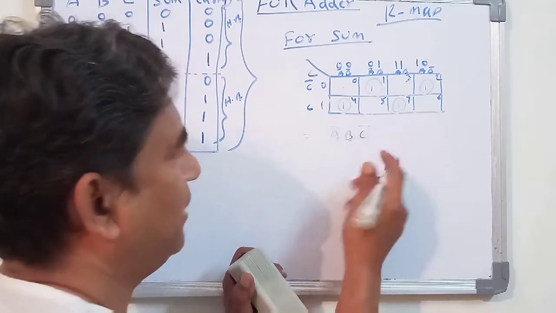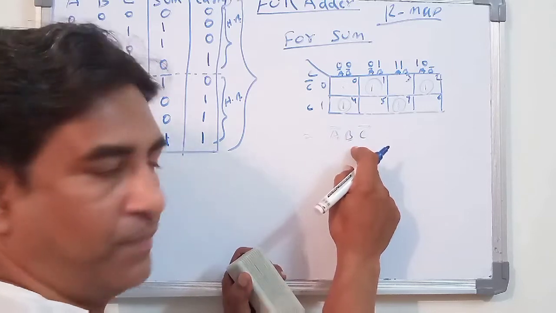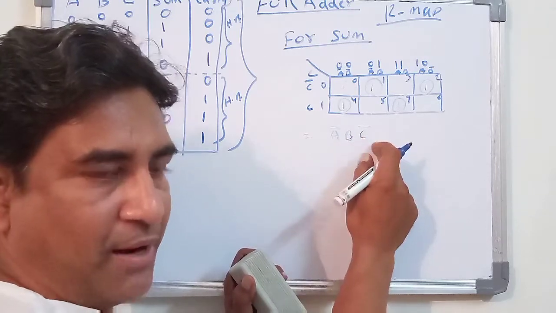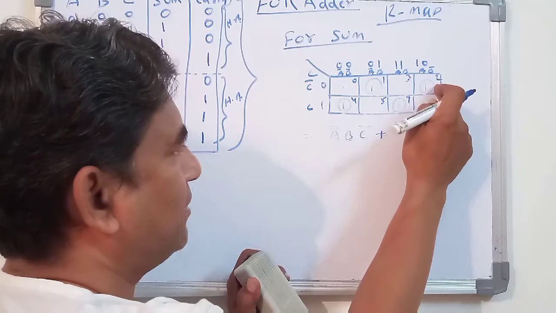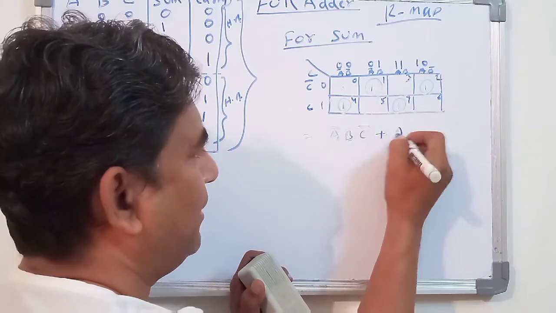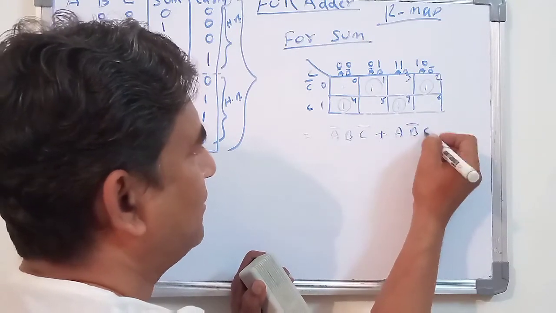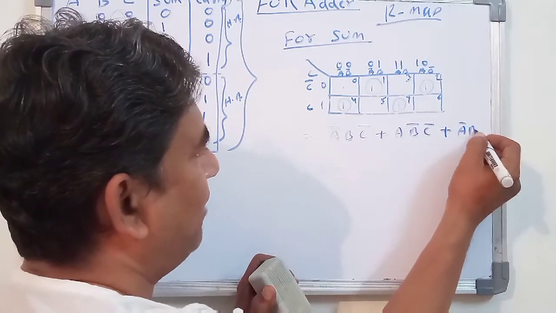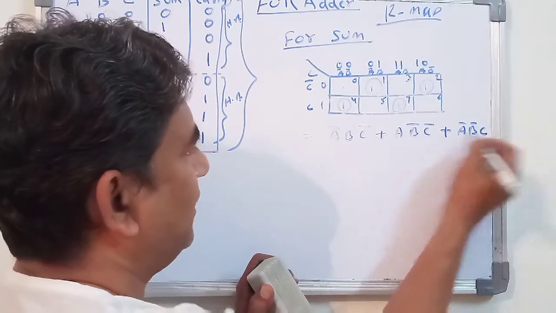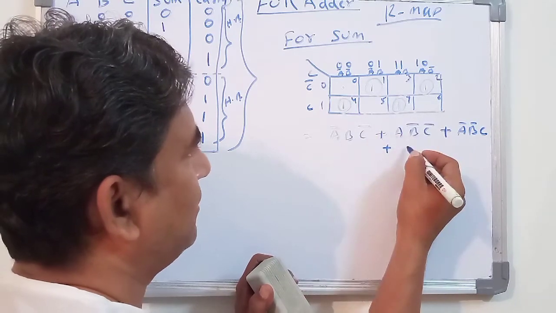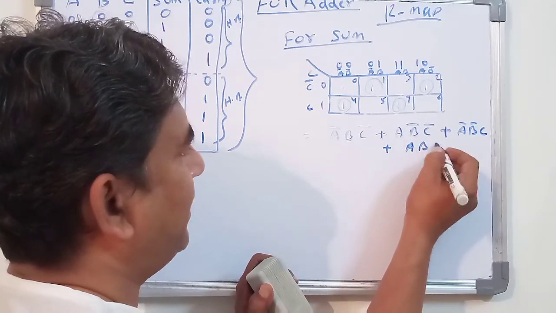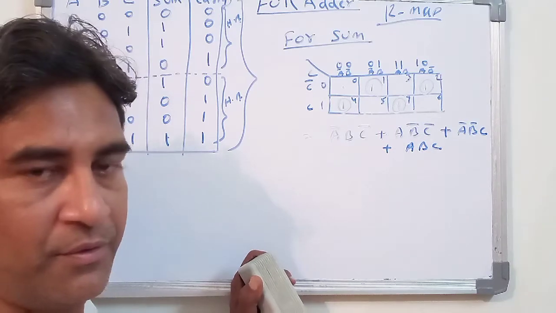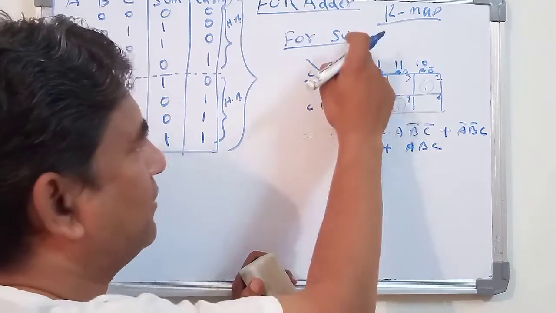So just you write down A bar B C bar plus, now the second number, here A B bar C bar plus A bar B bar and C plus this one, it is A, B and C. Okay, this is for the sum.